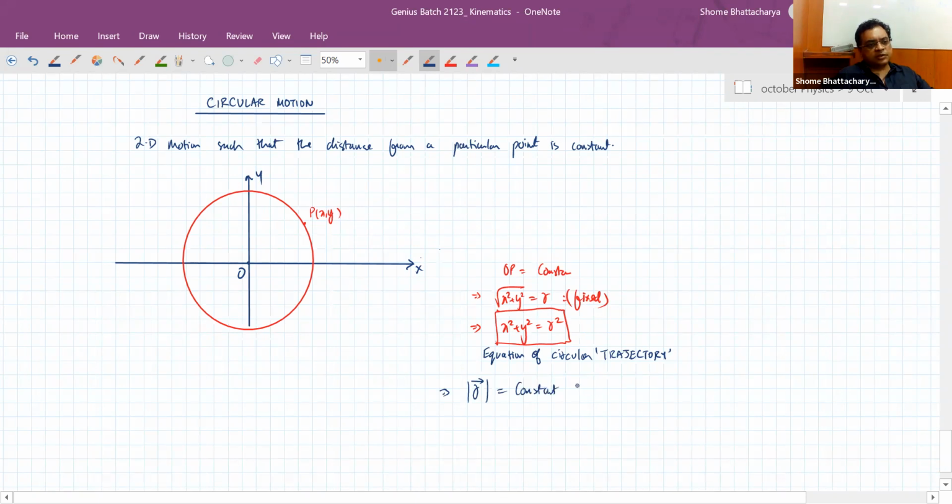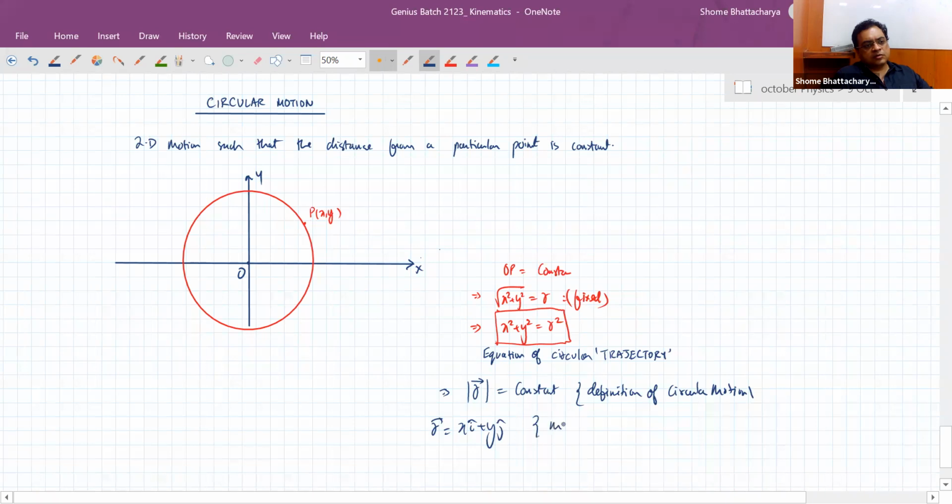This is another way of expressing it, another definition of circular motion, where R is x i cap plus y j cap.